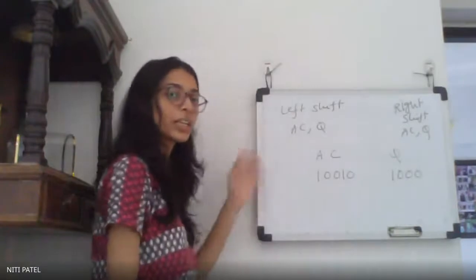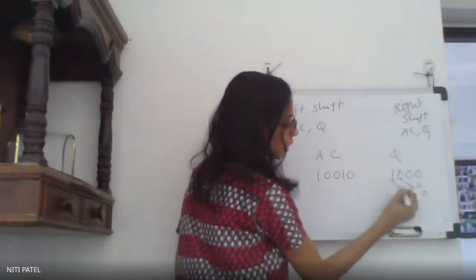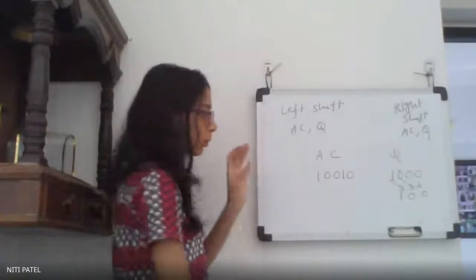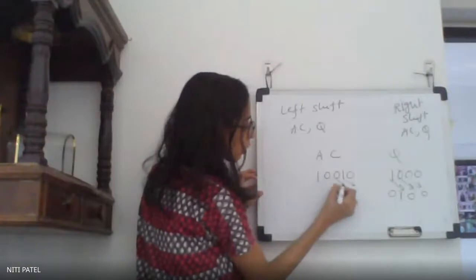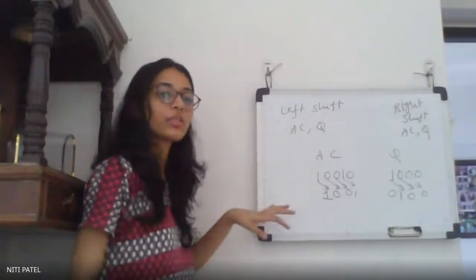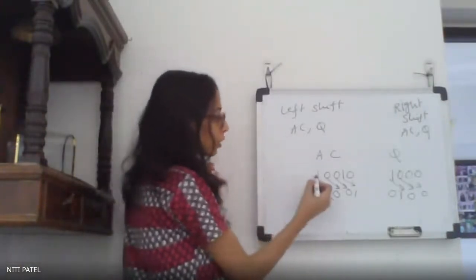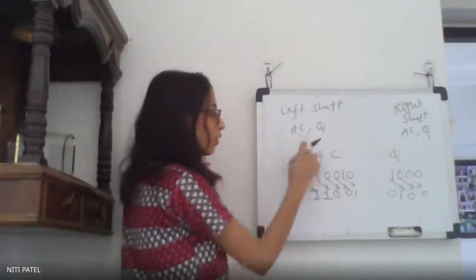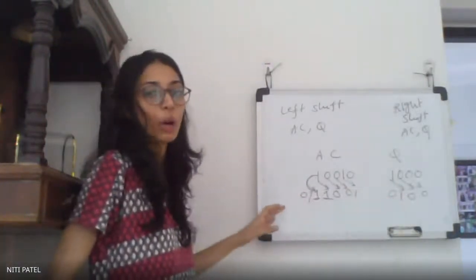In a right shift we discard the last 0, shift the others along, and take a bit from AC to fill the 4 bits of Q. Depending on whether it was Booth's algorithm or the unsigned algorithm, we copied the sign bit as it is, or copied the carry as it is. This is how we used to perform the right shift.